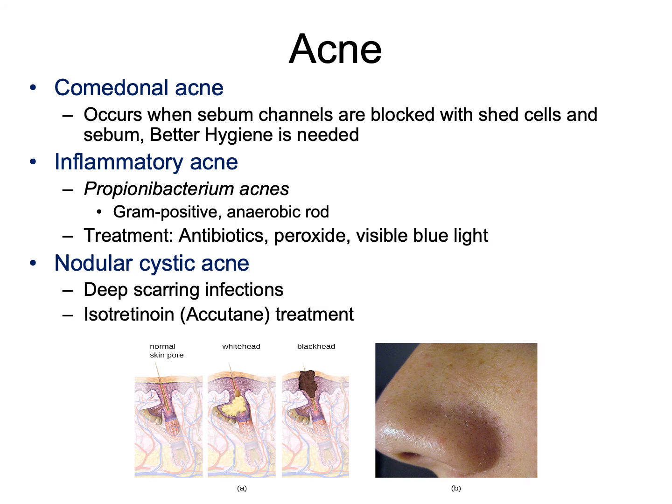Now, a treatment for this type of acne would likely be better hygiene. Washing your face, maybe using witch hazel, using over-the-counter products to help to rid the pores of this built-up sebum and shed skin cells.